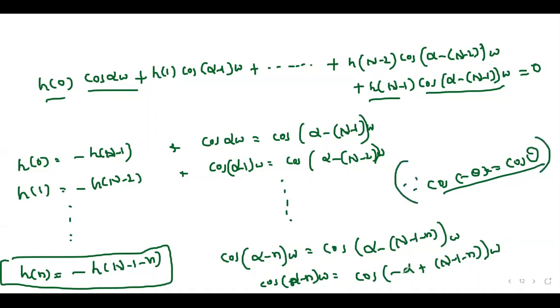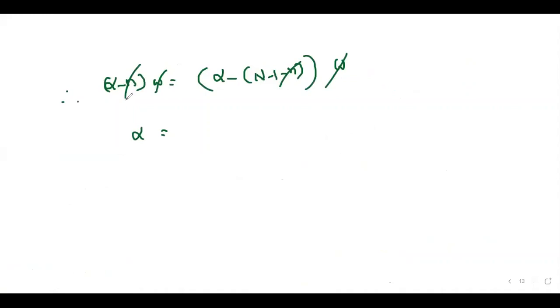Because if I don't use this, alpha is getting cancelled here. That's why I'll put minus. So it is minus alpha plus n minus 1. Therefore, if I move to this side, then it will be 2 alpha that is equal to n minus 1.